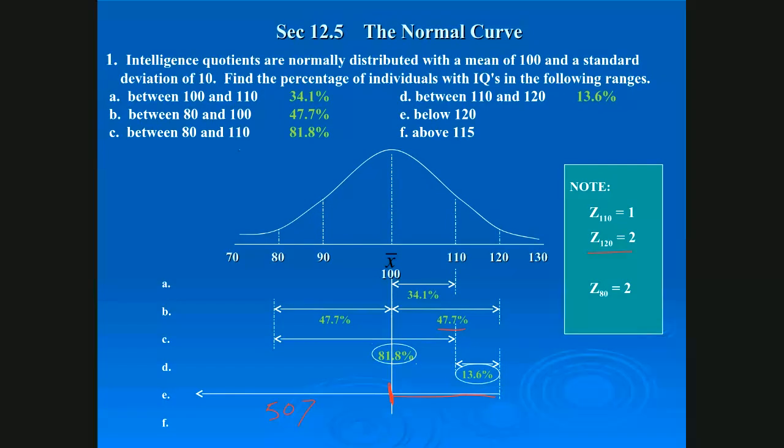And so we're going to take this 50% and add it to this 47.7% to find the percentage of individuals that have a score below 120. 47.7% plus 50% gives us 97.7%.